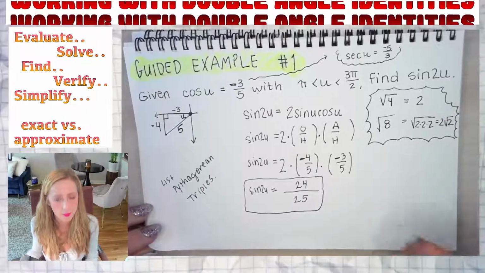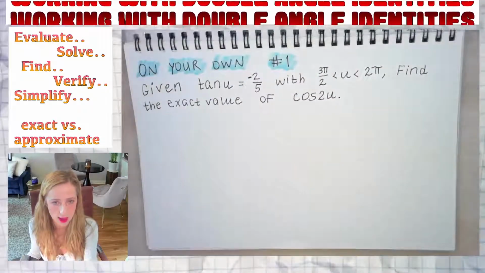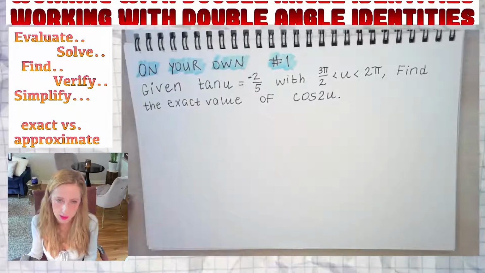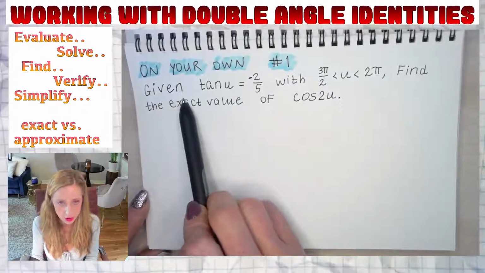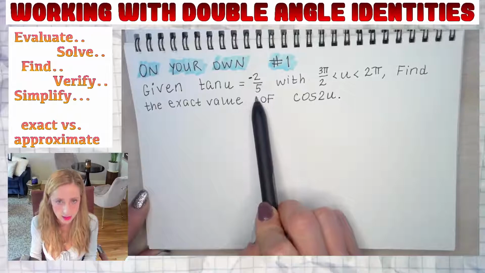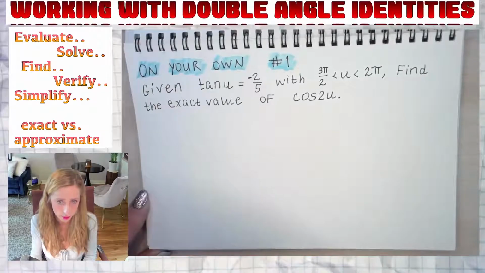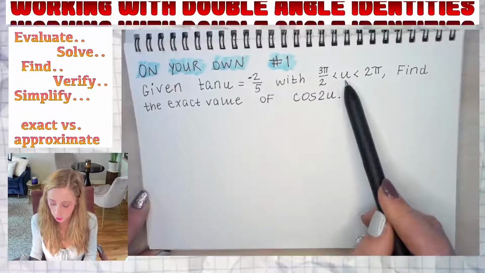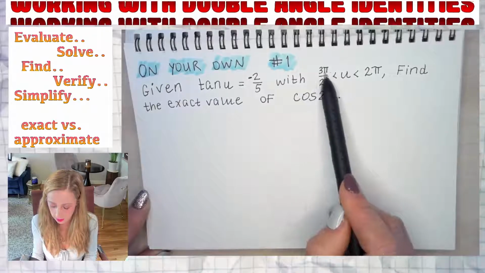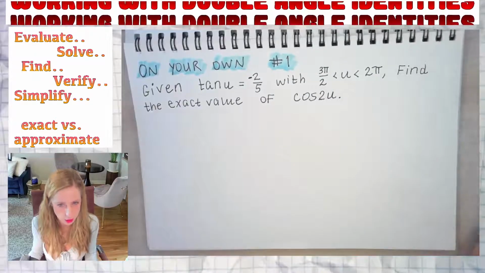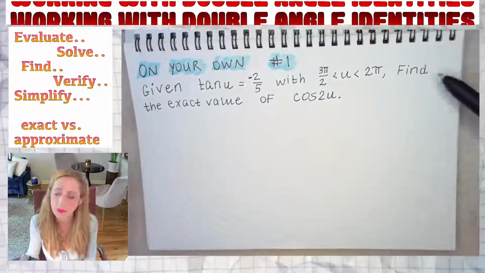In the meantime, for this, I'm going to ask you to do on your own the following example. Given tan u equals -2 over 3. So now I'm giving you tangent instead of what I gave in the last example, with u between 3 pi over 2 and 2 pi, so then you should know where to draw this.